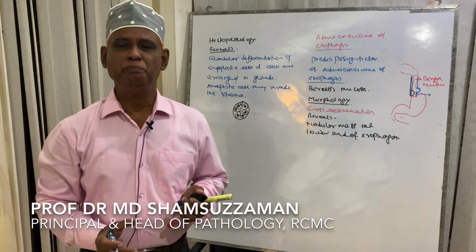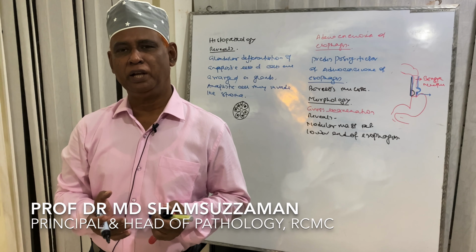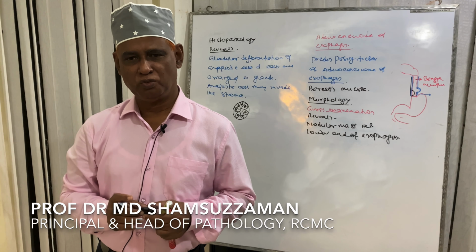And these cells may invade the stroma. This is the histopathological finding of adenocarcinoma of the esophagus.